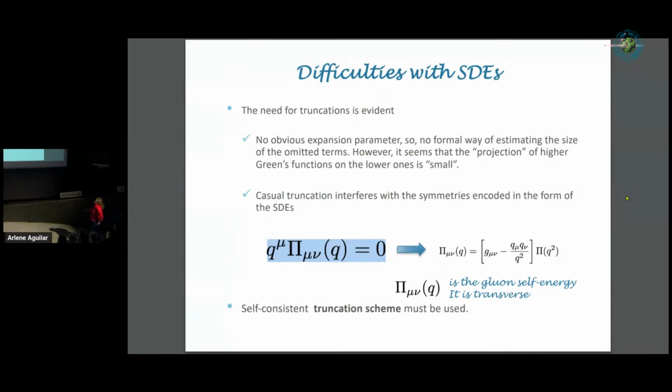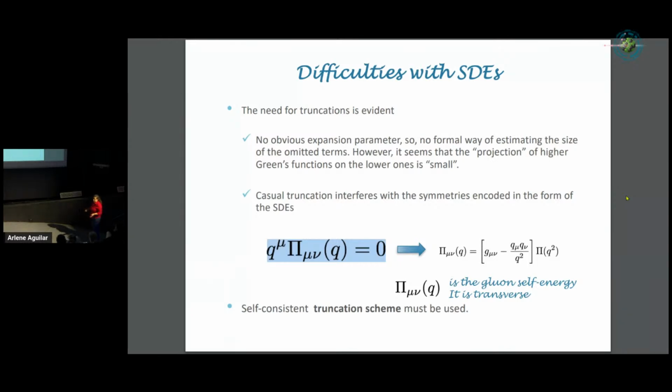Of course, each of these methods has pros and cons. The difficulty with the Schwinger-Dyson equations is that every time you deal with one, you have to perform some truncations. And the problem is that you don't have an expansion parameter to do this truncation.